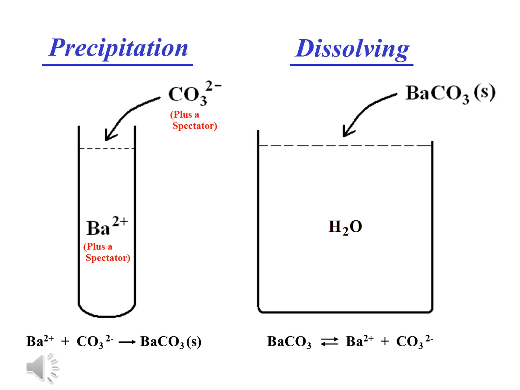The dissolving equation is done where you take some already formed barium carbonate. You can buy it from the chemical company or you can synthesize it yourself, and you put it in water and let it dissolve.